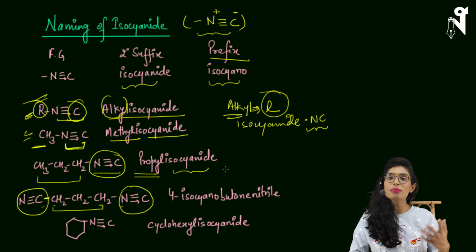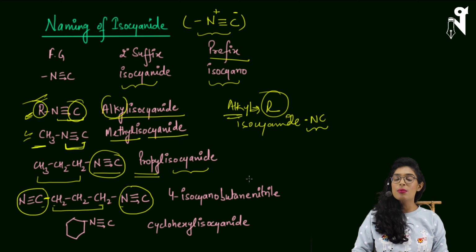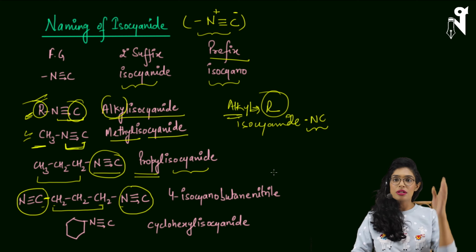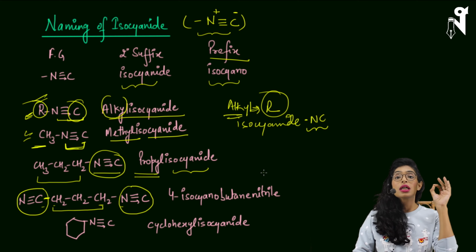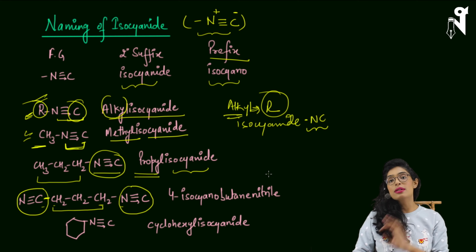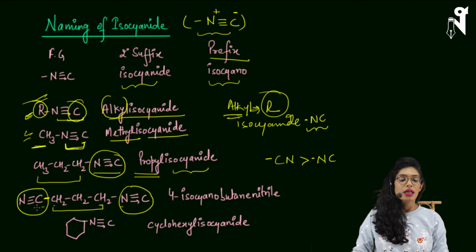Now, when I was talking about the functional groups in the beginning, I told you that CN and NC both have the same priority in the priority list. But when you have to compare the priority between cyanide and isocyanide, your CN has more priority than NC. Remember this always. So obviously this is the higher priority group.